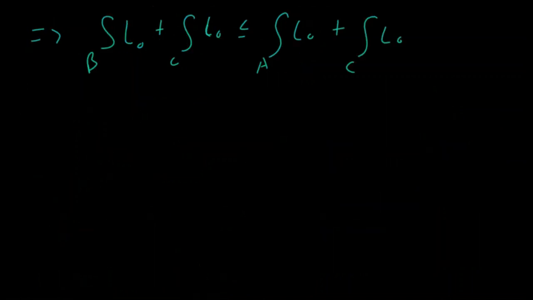Which then implies that the integral across B of L naught plus the integral of L naught across C is less than or equal to the integral of L naught across A plus the integral of L naught across C. And what do we notice? That our integrals across C both vanish.